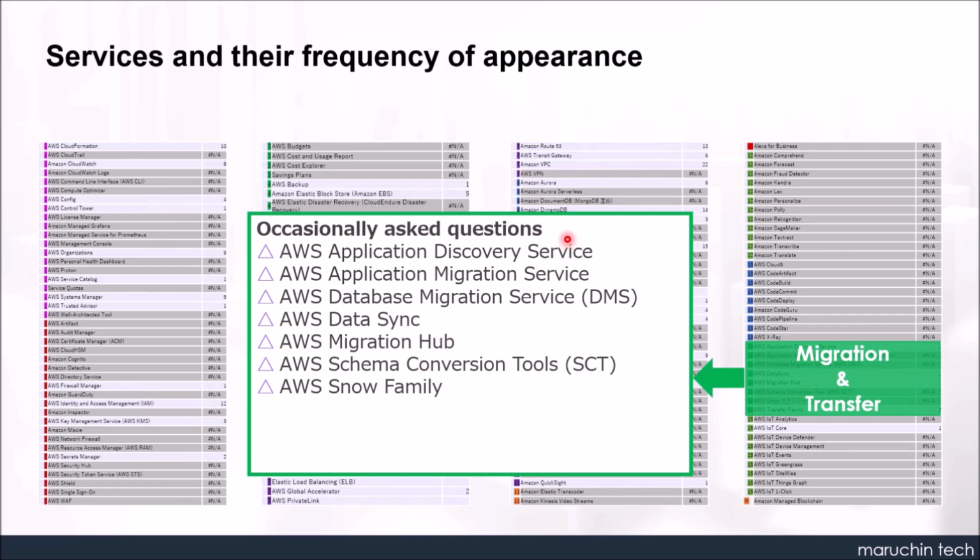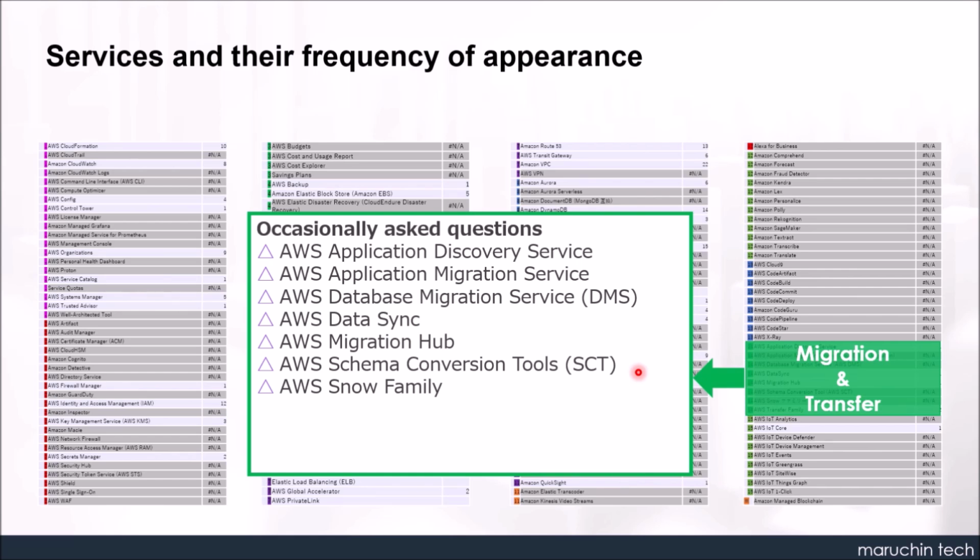Regarding migration and transfer, the older services are tested well. Since the domain accounts for 20% of the exam, you need to understand the differences among these migration services. For database migration, DMS and SCT are used.